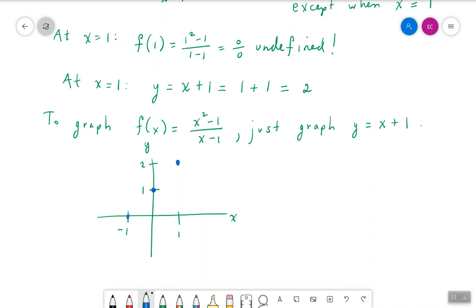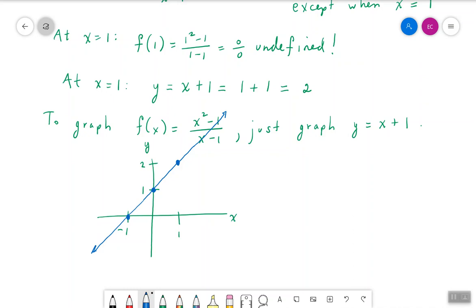When x is negative 1, y is 0. We can just connect these points up with a nice straight line. I got a little carried away there. I hope that's okay if my line runs through the formula. Okay, so this is x plus 1.